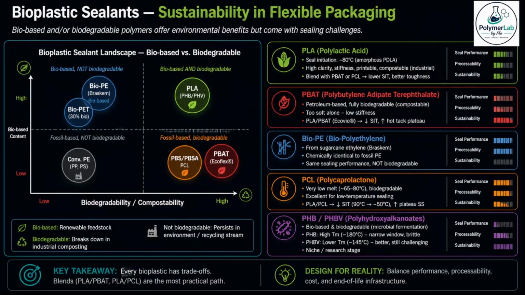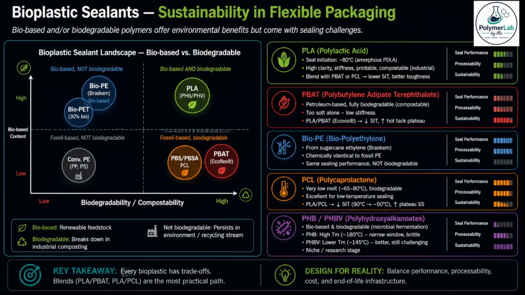Its seal initiation temperature for amorphous PLA is around 80 degrees Celsius, actually lower than conventional polyethylene, which sounds attractive. But PLA has poor toughness and low melt strength, making blown film production challenging, and industrial composting infrastructure is still limited. PLA doesn't degrade in home compost or in the recycling stream.